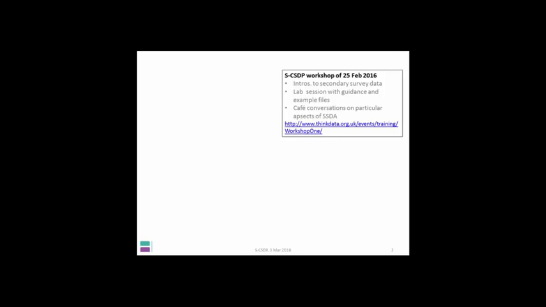We've got some slides and discussions, again reflecting on secondary survey data. We've got a lab session with a workbook and associated guidance materials and downloadable files. And we've got some additional presentational materials, discussions on particular aspects of working in secondary survey data analysis.